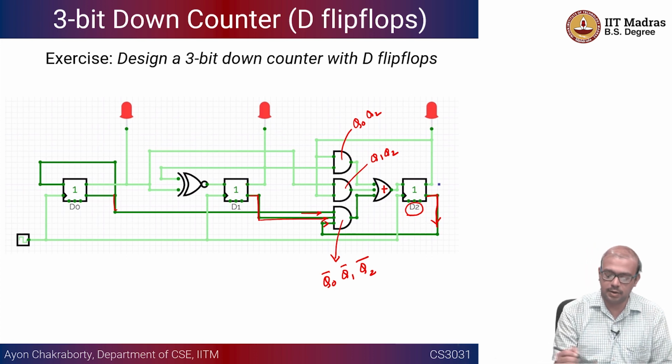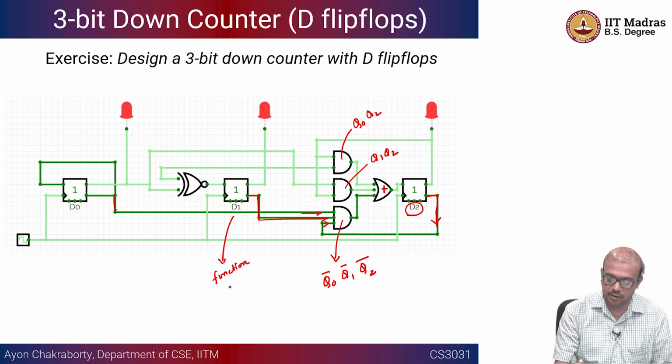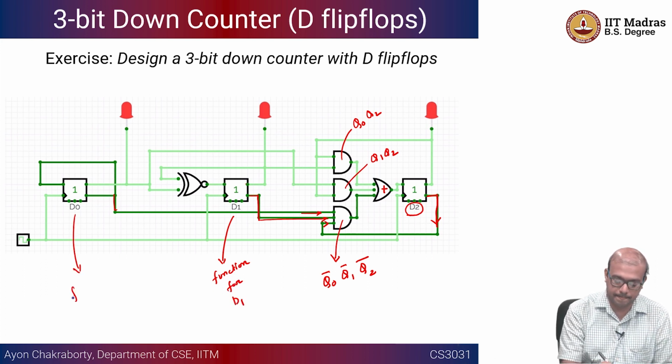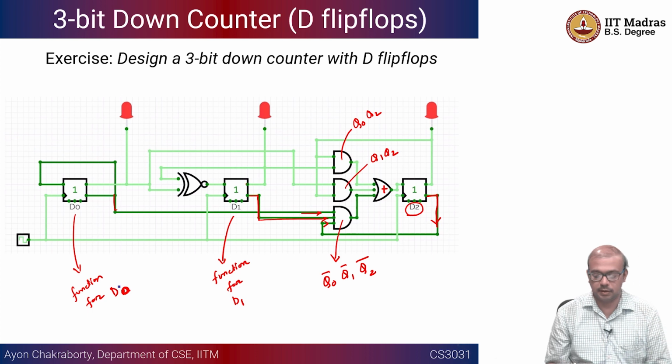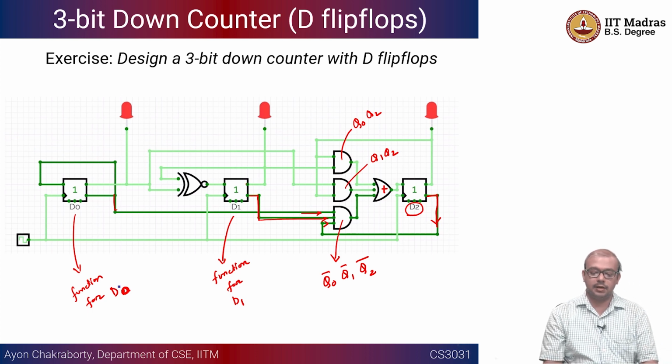Okay, similarly you have to design the functions here. Function for D1, function for D2, D0, and so on, right? So this is going to be working the way we have specified.